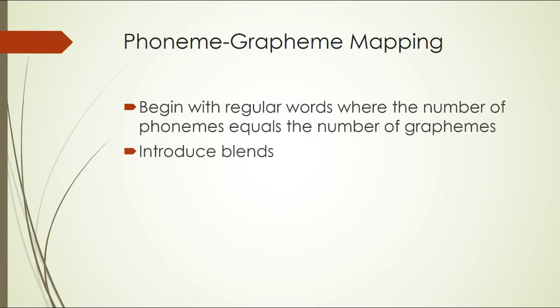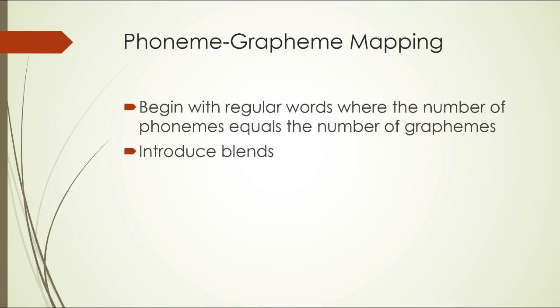We can introduce blends. Remember that blends are when 2 or more consonants are blended together, but each sound is heard in the blend. Blends can come at the beginning of words, such as in the word globe, or they can come at the end of the word, such as last.